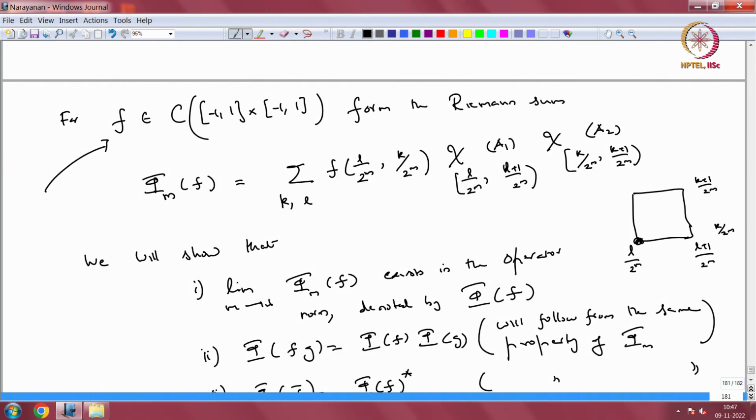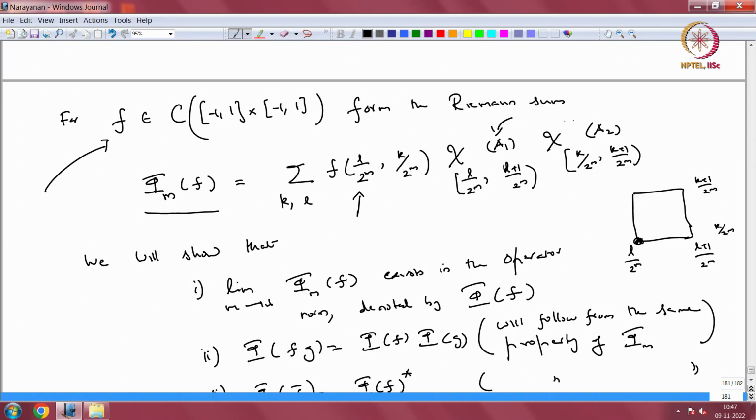You form the Riemann sums, which was called phi_m f. This is the f value at l by 2^m, k by 2^m. We decompose each interval [-1,1] into intervals of length 1 by 2^m, and then we have these projections.